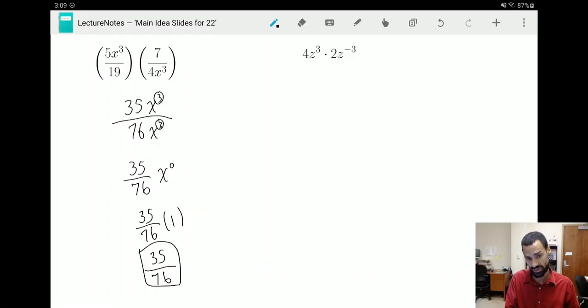Right? Okay, that's one way to look at it. The other way to look at it is x to the third over x to the third are going to cancel each other out. They're going to divide out and leave you with 35 over 76. So either way you look at it, that rule still holds. Right? You still can subtract the exponents, get 0, and still be able to find your way to the same answer as if you canceled them out directly.